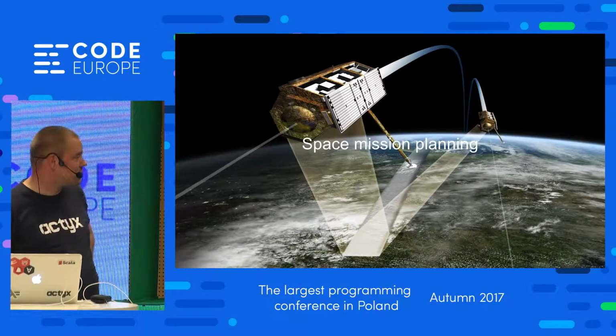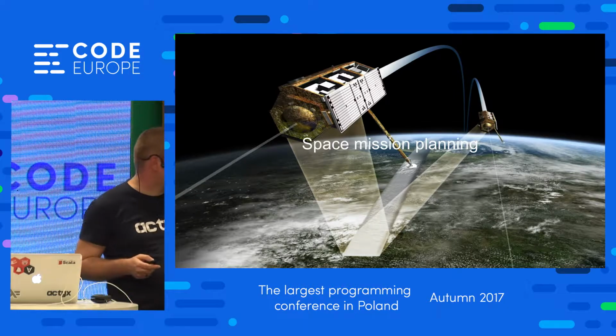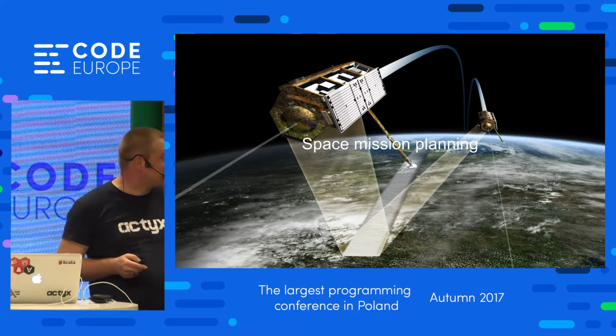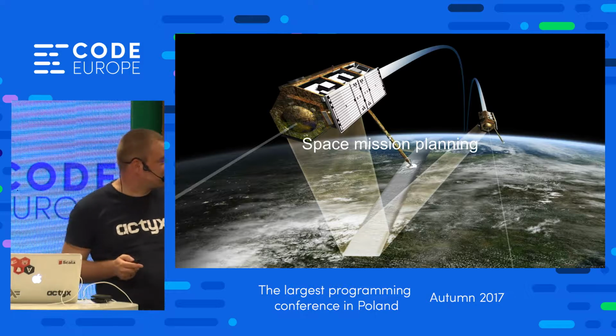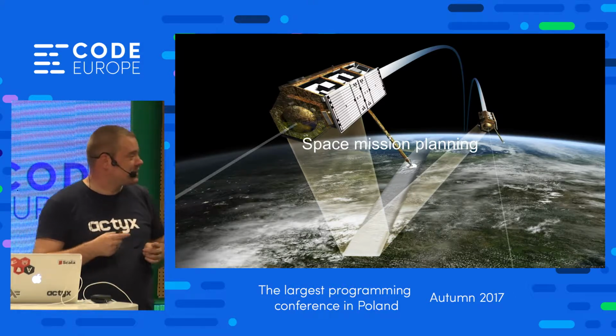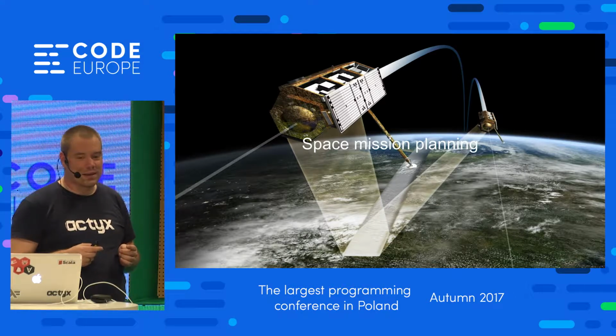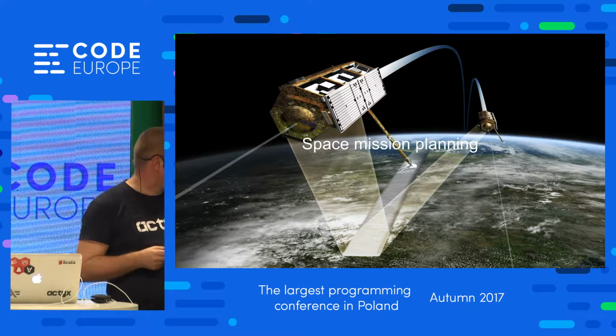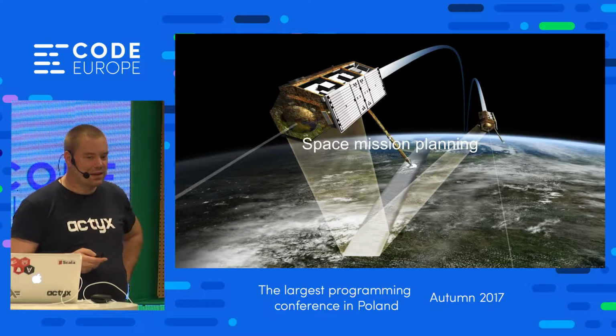Okay, so this is actually what I implemented this for. This is a mission, 2 satellites that fly around the Earth and create a digital elevation map. And it's actually in space right now. The digital elevation map is completed.